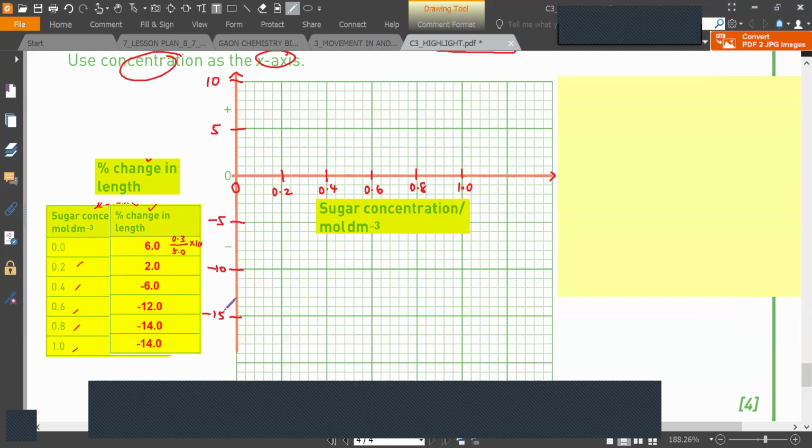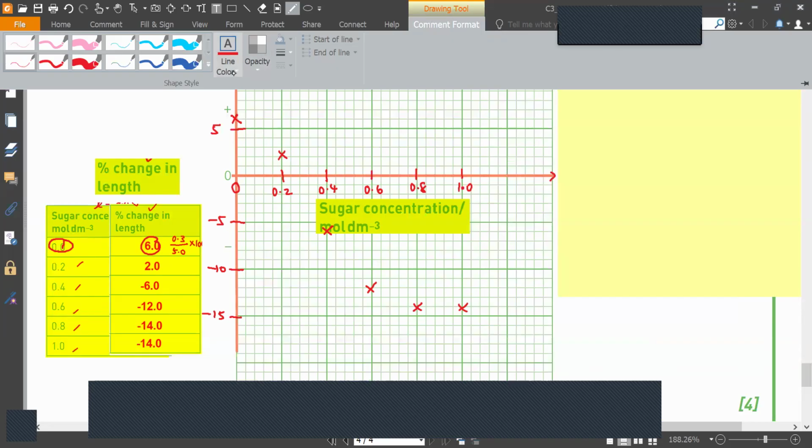So it's done. 0.0 is 6, and then 0.2 is 2, 0.4 is -6, which is somewhere here. 0.6 is -12, somewhere here. 0.8 is -14, 1.0 is -14.